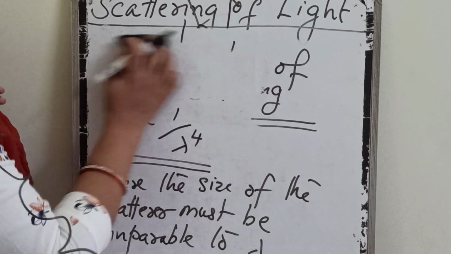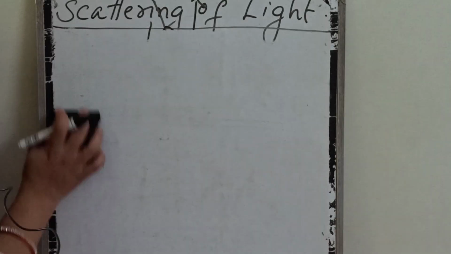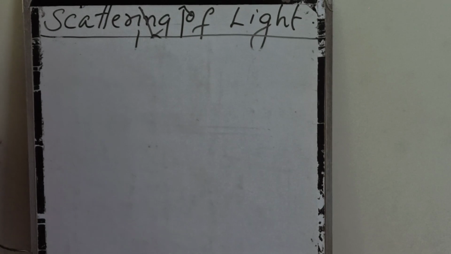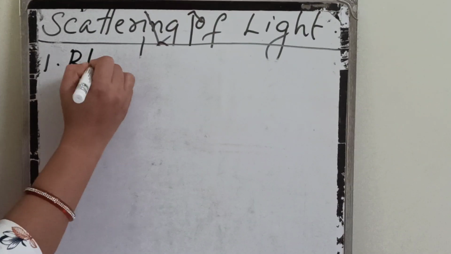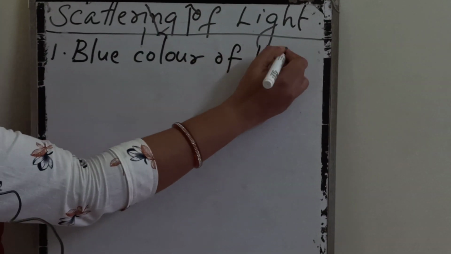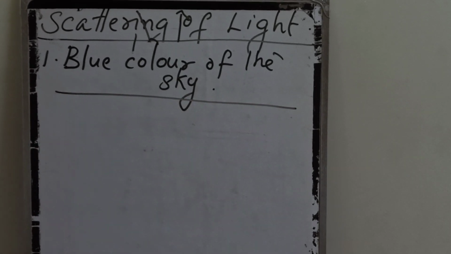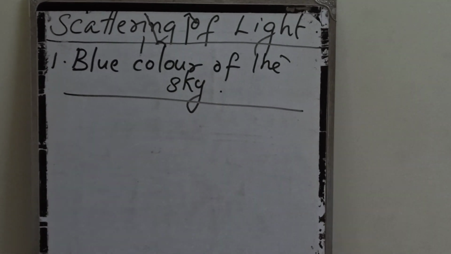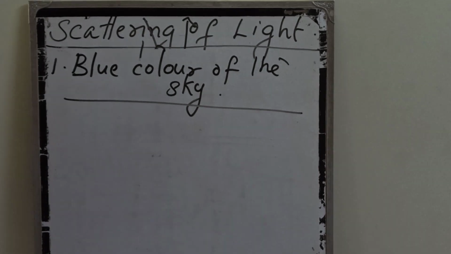Now, the practical applications or the life examples for scattering of light, we already studied in 10th standard. Here also we have to mention, that is, first one is blue color of the sky. Now, what is happening there?